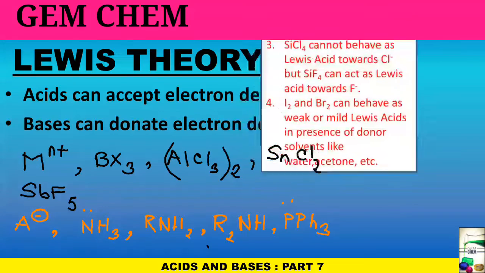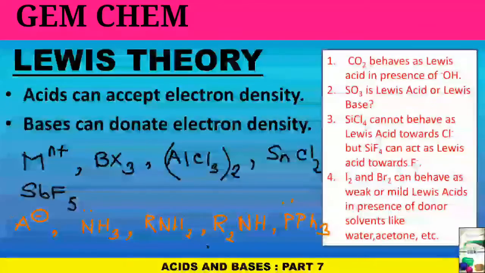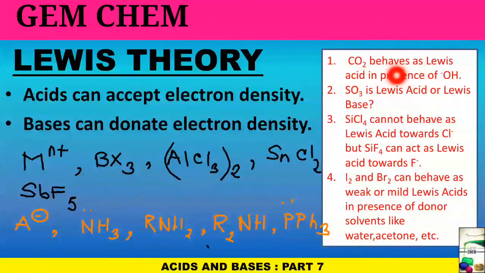Now, using this concept, we can answer that CO2 behaves as a Lewis acid in presence of OH minus. Another question whose answer we can get from Lewis theory is whether SO3 is a Lewis acid or Lewis base.